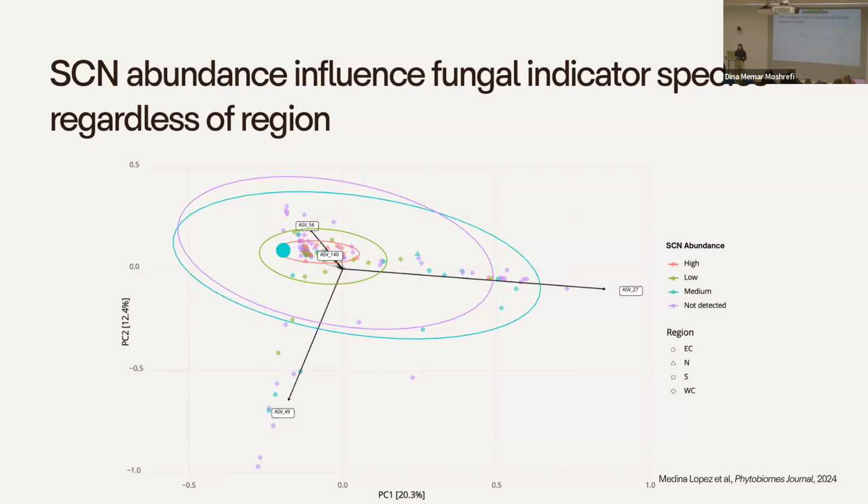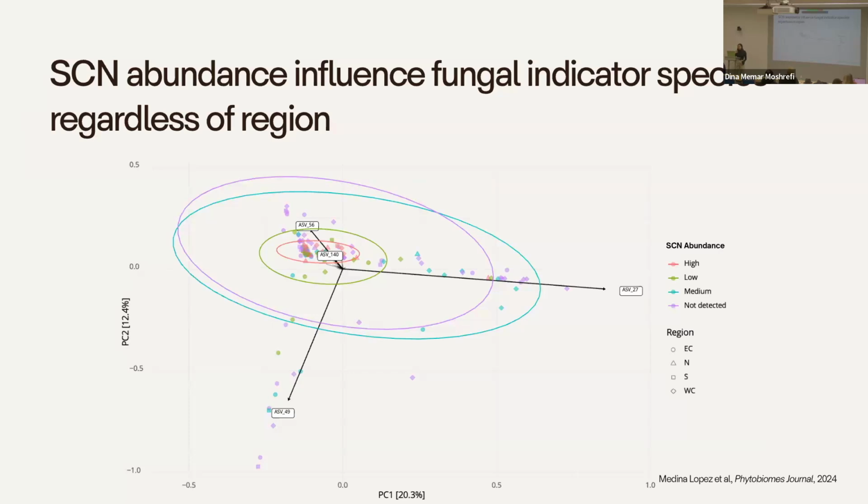So you can see the soybean cyst nematode abundance is marked in different colors, and the high level is that orangey color. And all of those samples clustered within the center. However, the samples with all other levels of soybean cyst nematode abundance did not cluster significantly in any manner.